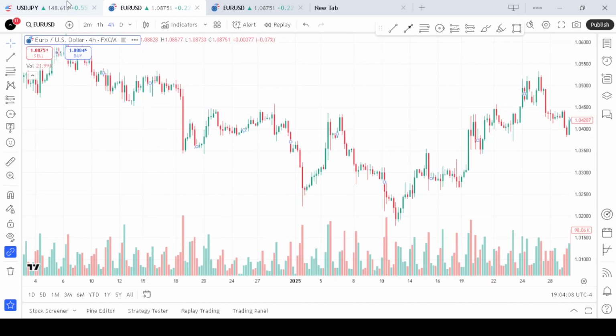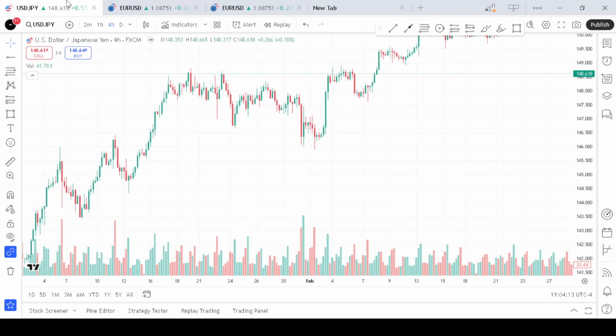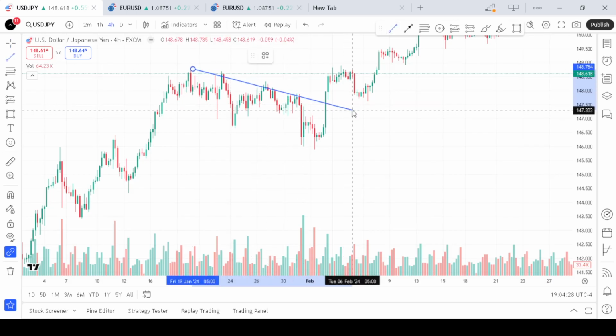The flag is a consolidation phase that follows the flag pole. In a bull flag, you will see a consolidation that forms a downward slope or a horizontal channel. As we can see, in a bull flag, we can see this downward slope or a channel to the downside. So this is typically what a flag is.